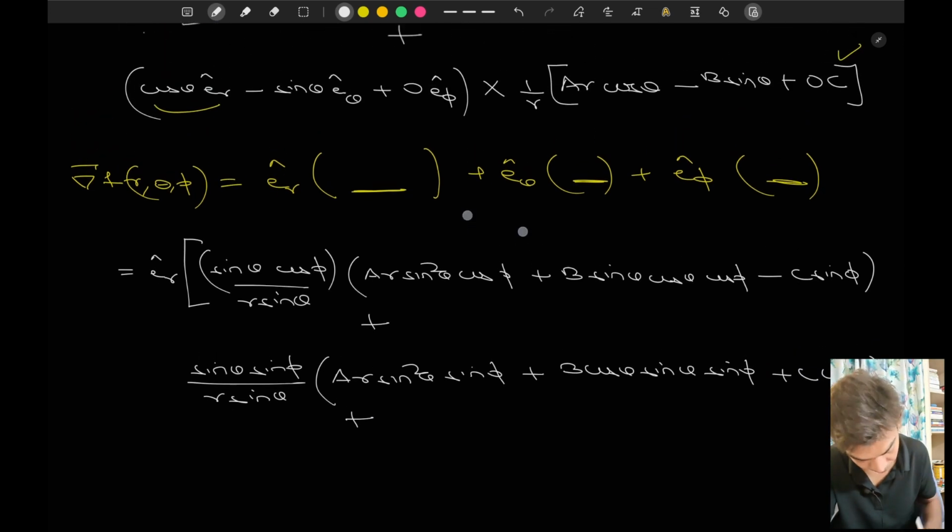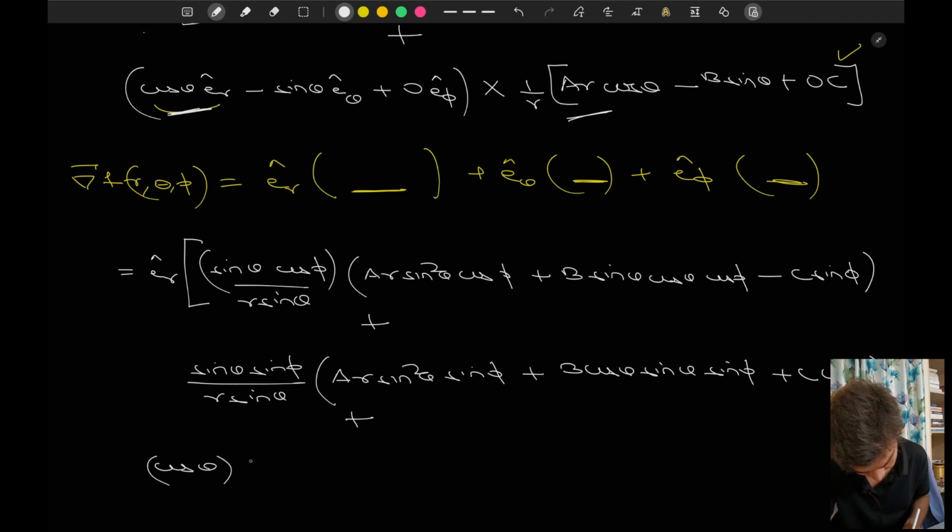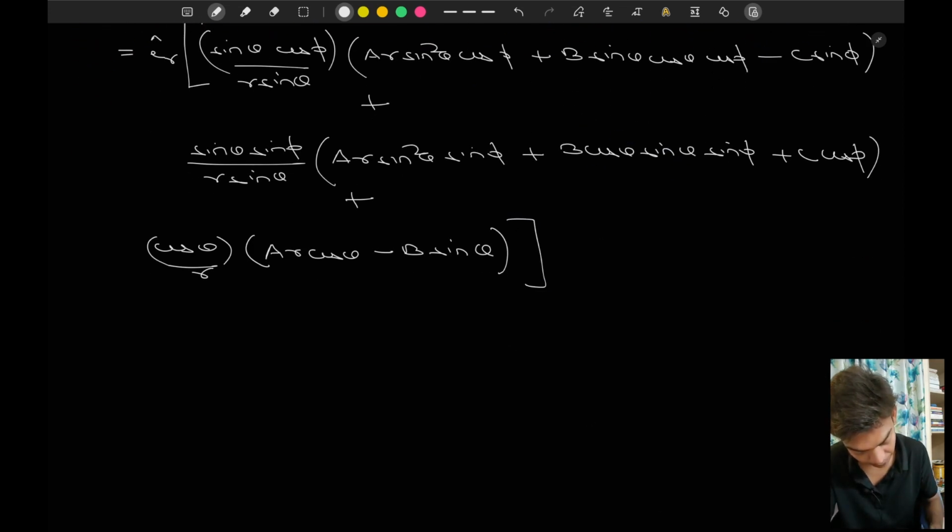And lastly, we have the term when this guy gets multiplied with this guy. So we have cos theta upon r, a r cos theta minus b sin theta, right? This is my e_r term, just the e_r term.